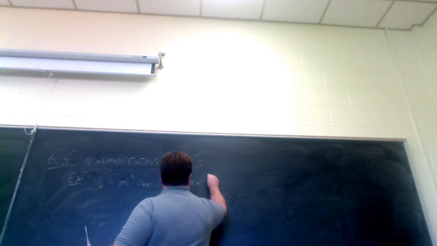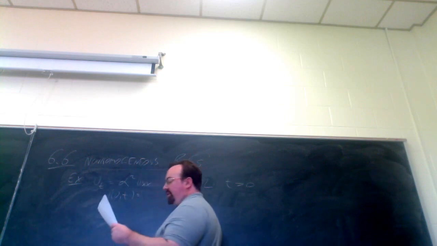All right, so I'll start out with this example that I have worked out. u_t equals alpha squared u_xx, where alpha is a constant. This is on the interval 0 to L. And then we have Dirichlet boundary conditions, but now they're non-homogeneous.